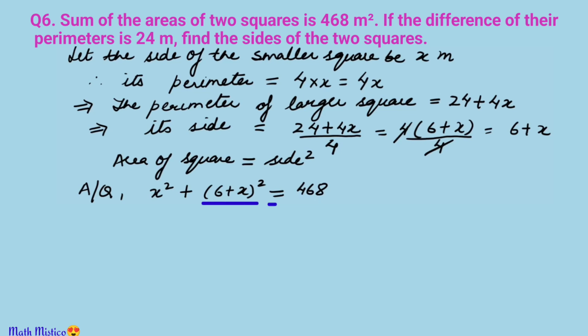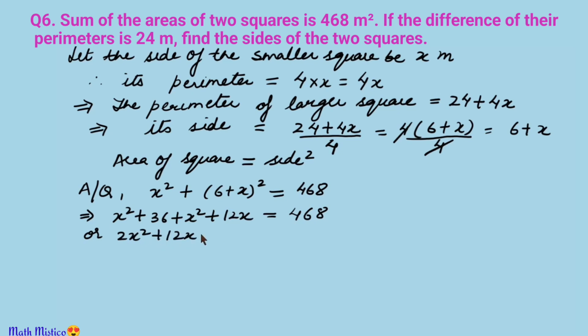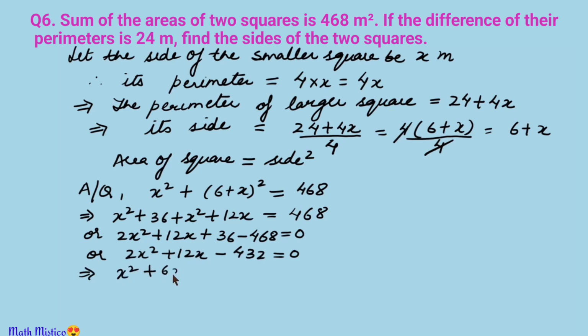We will solve this part by using identity a plus b whole square. x square plus 36 plus x square plus 12x is equal to 468, or 2x square plus 12x plus 36 minus 468 is equal to 0, or 2x square plus 12x minus 432 equal to 0. We can further simplify this equation because each term is divisible by 2. So dividing throughout by 2, we get x square plus 6x minus 216 equal to 0.